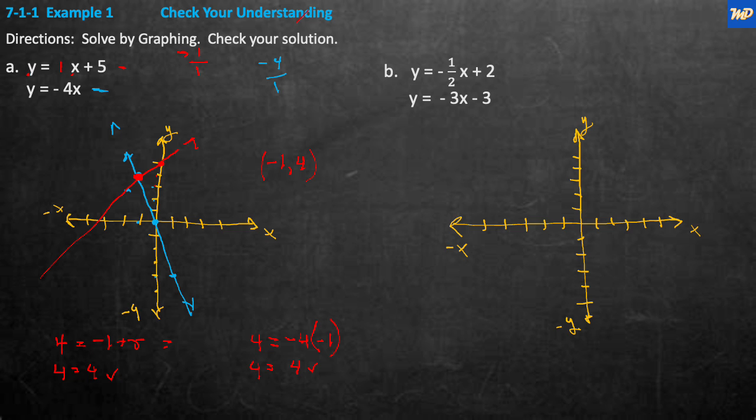I'm going to change colors. I'll do red again. -1/2, and our y-intercept is 2. So we're going to start at 2, y-intercept of 2, and it's a half. But is it going to go up 1 over 1? No, it's negative, right? So it's got to go down 1 over to the right.